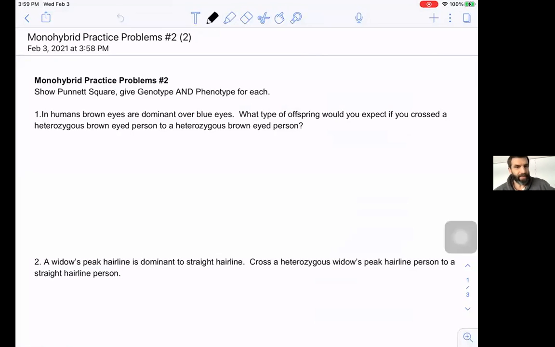Okay, so some of this we've already done in class, but I'll just review it here. So it says, in humans, brown eyes are dominant over blue eyes. Brown eyes are dominant over blue eyes. So I know that my capital letter is the dominant letter. That's going to be brown.